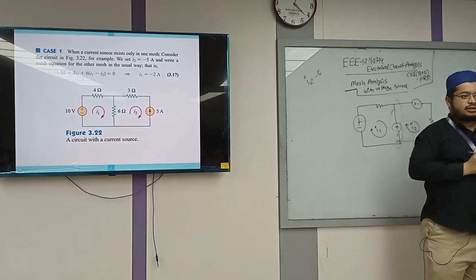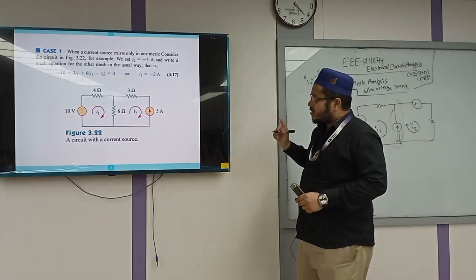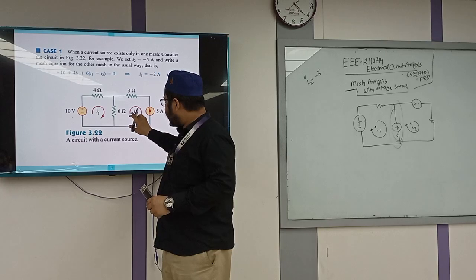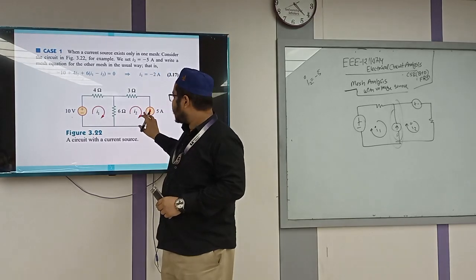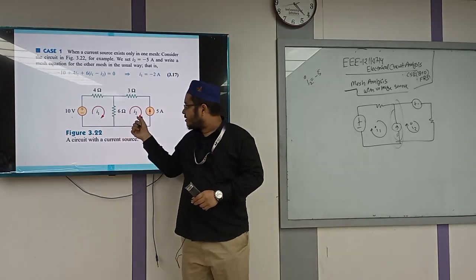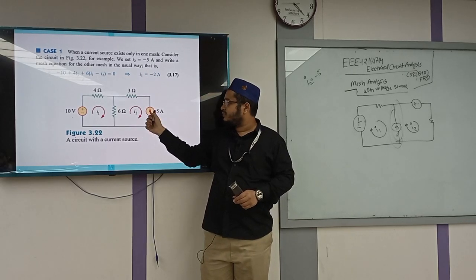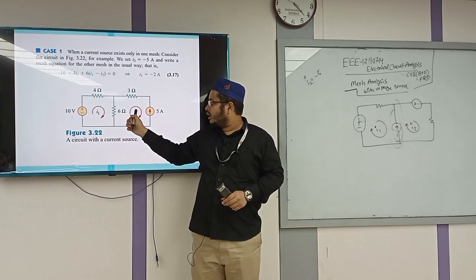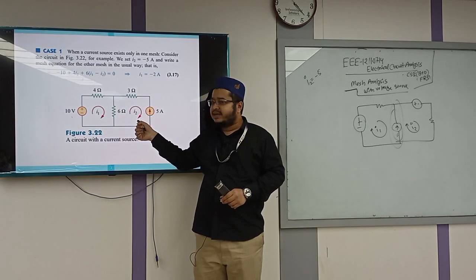So when a current source is connected to only one mesh, you can see by the direction of the current and tell the value of it. In this mesh, 5 ampere source is connected with this mesh, and the direction of I2 is like this.